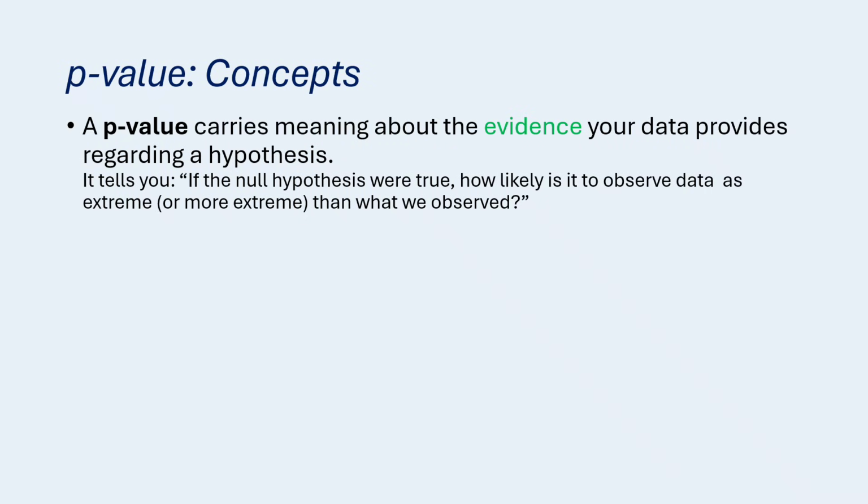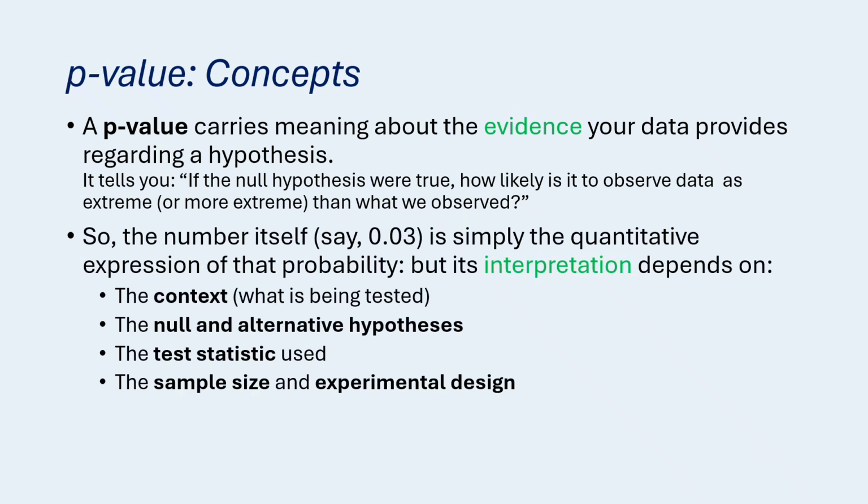So let us understand some more concepts. A p-value carries meaning about the evidence your data provides regarding the hypothesis. The number, say for example 0.03, is simply the quantitative expression of that probability, but its interpretation depends on many aspects like the context of the study, null and alternative hypotheses, test statistics, sample size and experimental design.